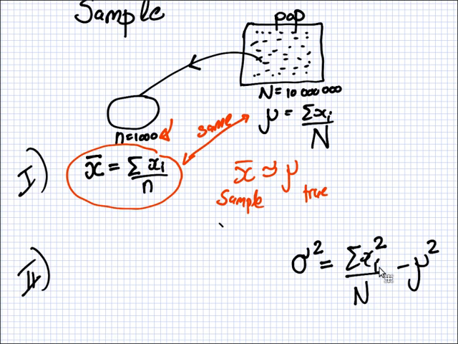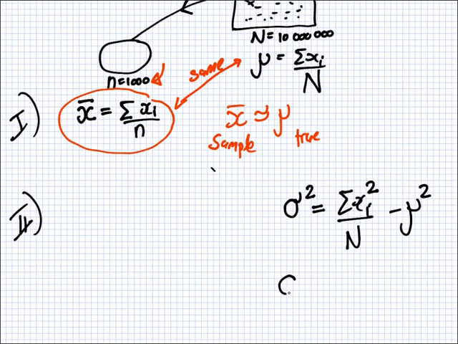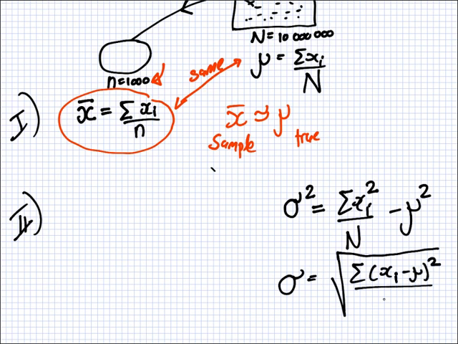Yeah? Another way to write the formula, you might remember, is not as easy to use, but it's like this: the sum of the difference between the data and the average, squared, all over n. But I think most of the time it's more convenient to use this form.